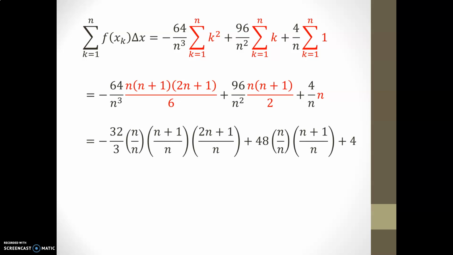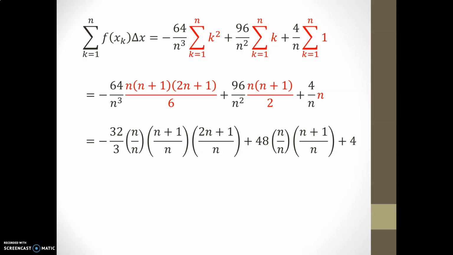Now here's a neat trick, because remember, we're going to do a limit eventually. Notice how the numbers 64 over 6, 96 over 2, and 4 can be reduced or simplified. I've collected the numbers together in each of the fractions, and in the denominator, I've split up the powers of n and shared them amongst the different terms that involve n's in the numerator.